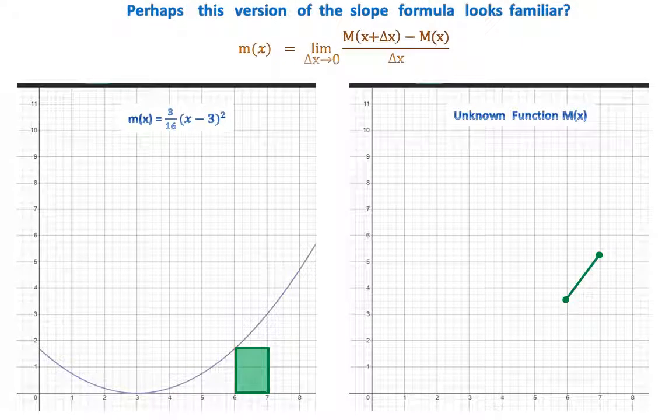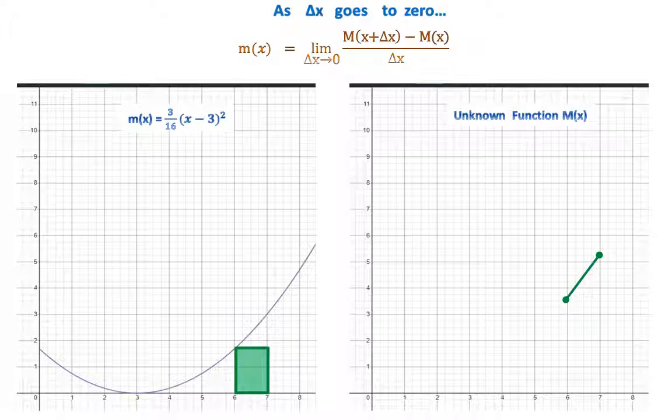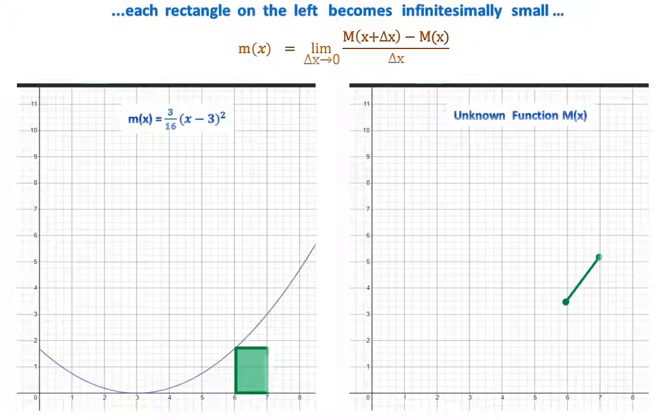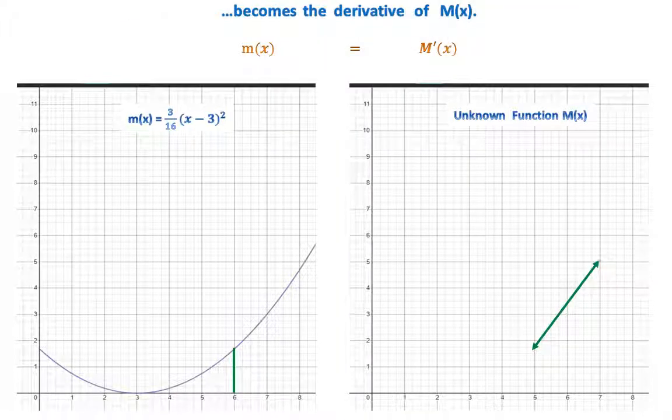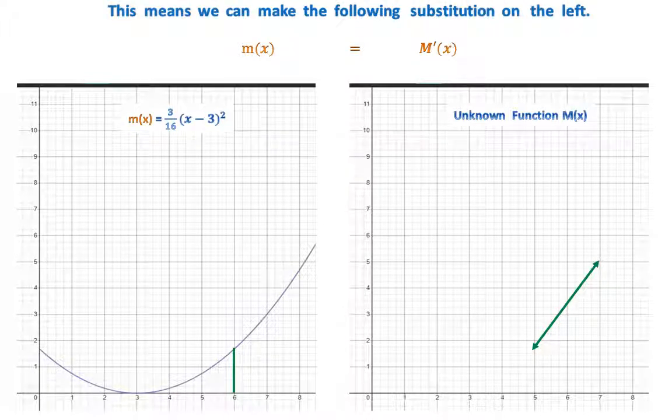Perhaps this version of the slope formula looks familiar. As delta x goes to 0, each rectangle on the left becomes infinitesimally small, while the average slope of the line segment on the right becomes the derivative of capital M of x. This means we can make the following substitution on the left.